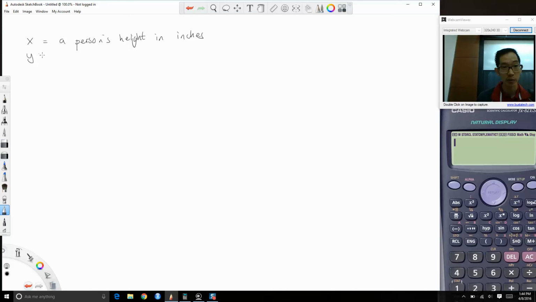And y would be a person's height in centimeters. So the same person's height, okay? And this would have a strong or even a perfect relationship, right? Because based on one variable, we can make perfect predictions for the other variable.